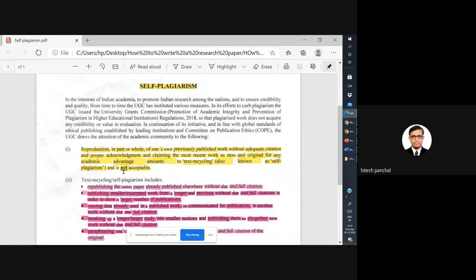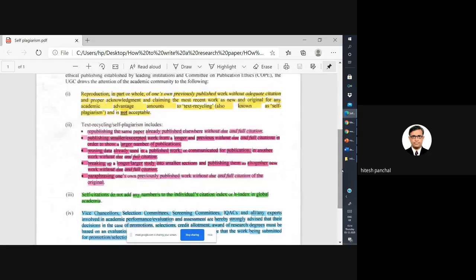It is not acceptable because, if I have published one research article, earlier what people were doing is they used the same words in the second article. That will be self-plagiarism, and such a thing is not even ethical. The University Grant Commission has published a circular, and also, what is text recycling?